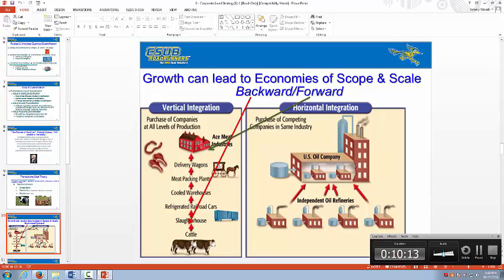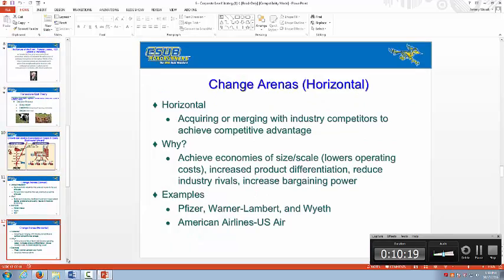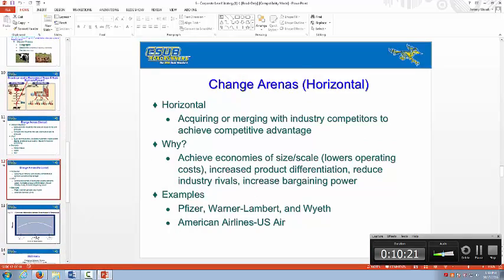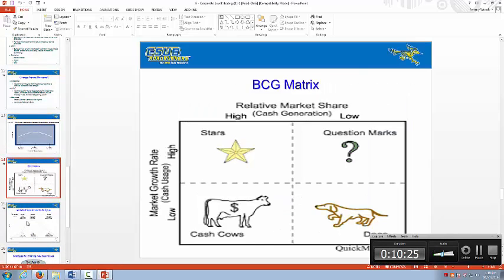So this slide here, number 10, 11, 12, 13, to a certain extent, the concepts in the BCG matrix, just the idea of growing markets versus stagnant markets. But there's going to be a lot of questions in the exam on mergers and acquisitions and diversification.